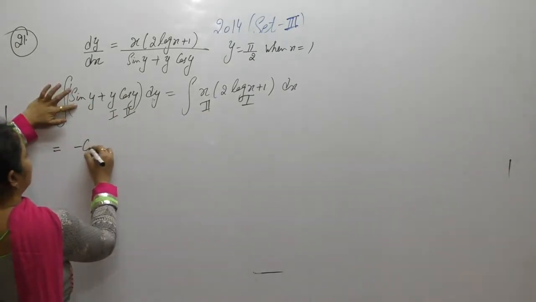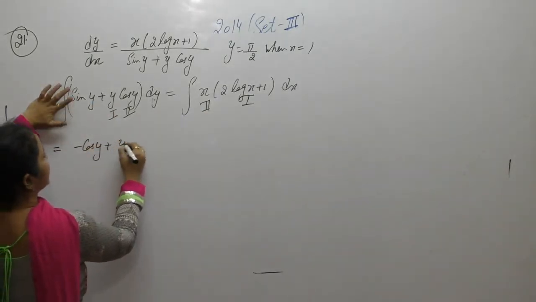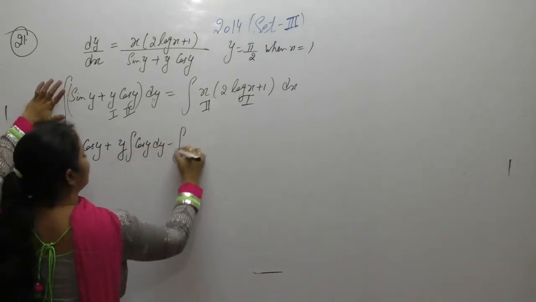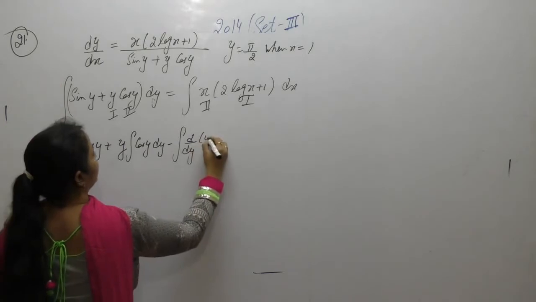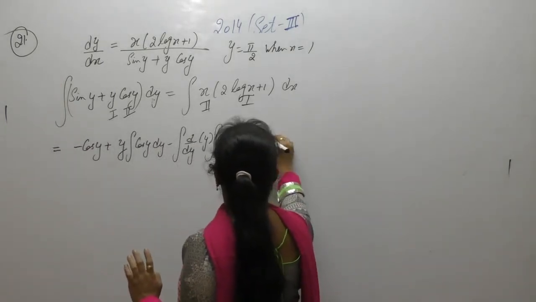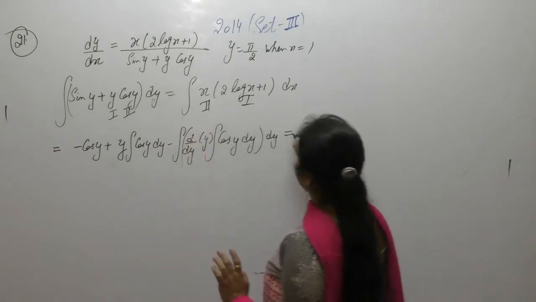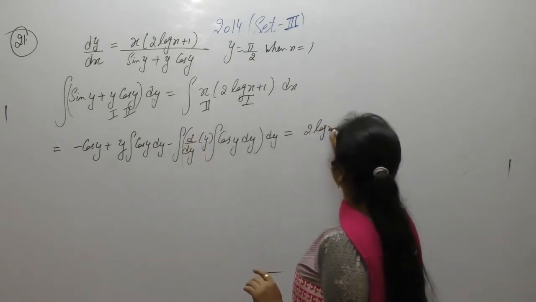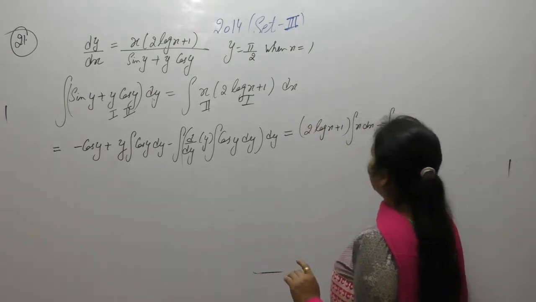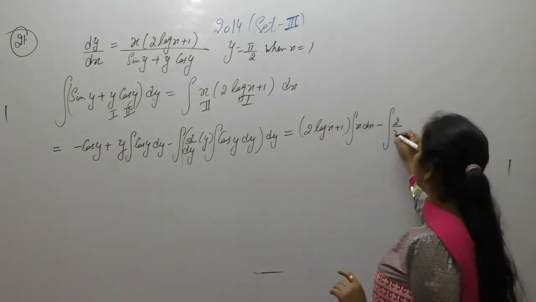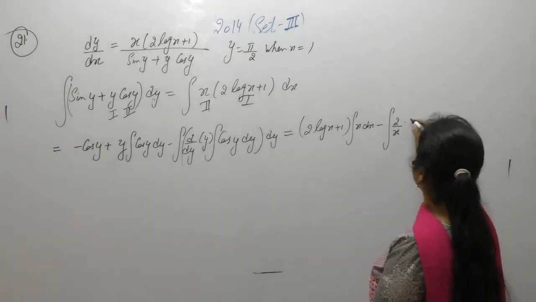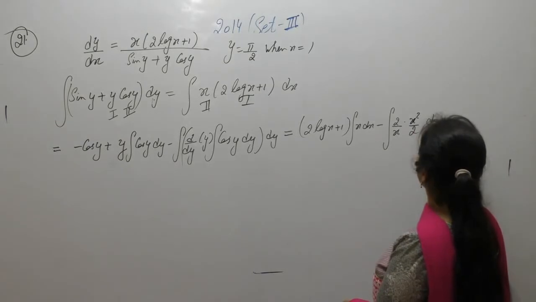Integral of sine, first function, integral of cos, minus integral of derivative of first, integral of second. Derivative of first: derivative of log of x is 1 upon x, integral of x is x square by 2.